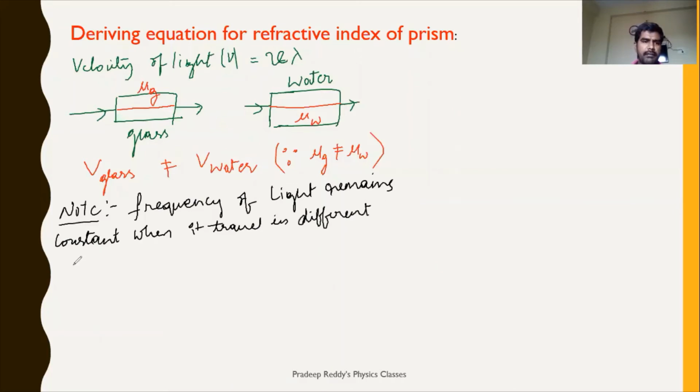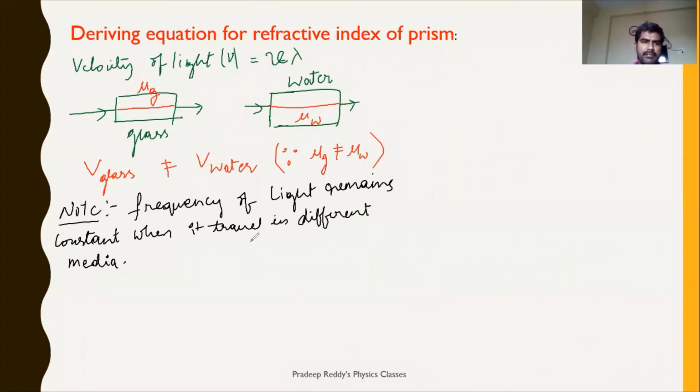Even though it can travel in any number of media, glass, water, turpentine, or any transparent medium, its speed changes because lambda is undergoing change. It's not because of the frequency.